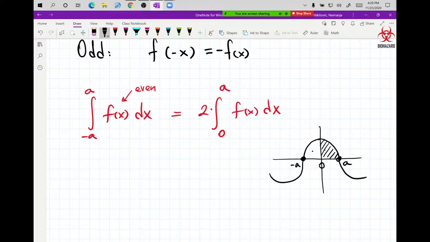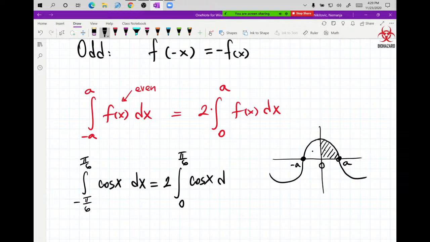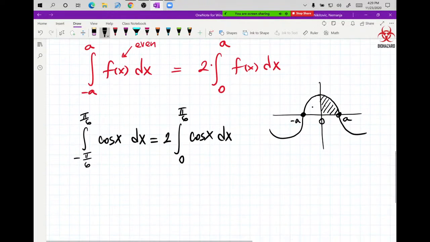So a good example here would be, let's say, negative pi over 6 to pi over 6 of cosine x dx. And instead of this, you're computing 2 times 0 to pi over 6 cosine x dx, which is easier to compute, right, later when you figure these things out.